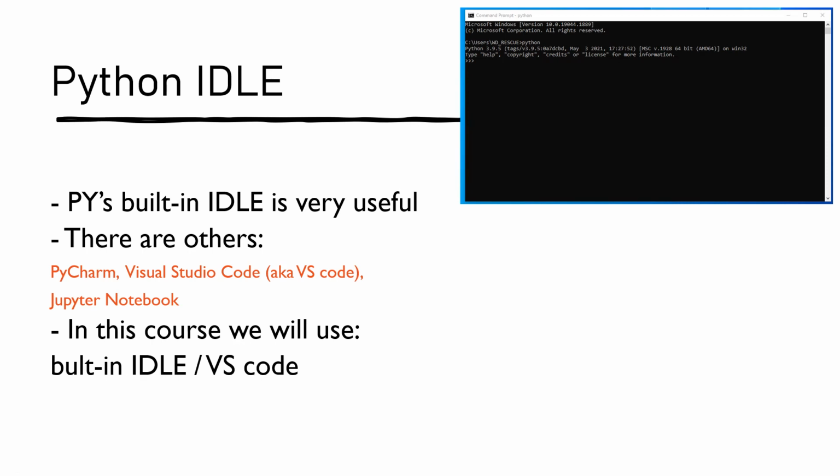There are also others you may hear about, like PyCharm, Visual Studio Code, a.k.a. VS Code, and Jupyter Notebook. At one point you may be using all of these, but for now in this course we'll initially use the built-in IDLE, and then at one point we'll start using VS Code.